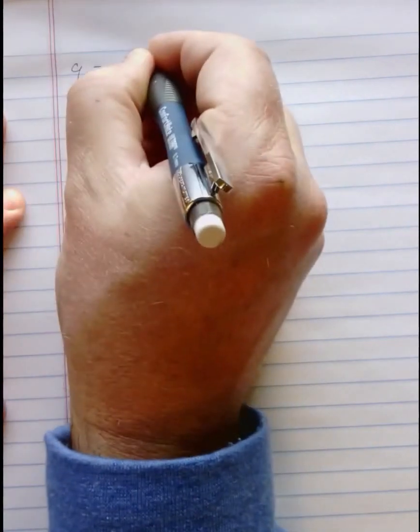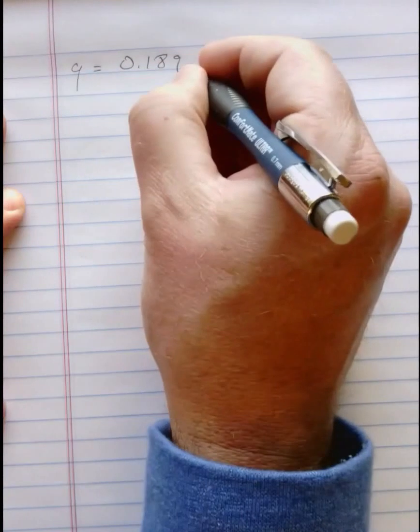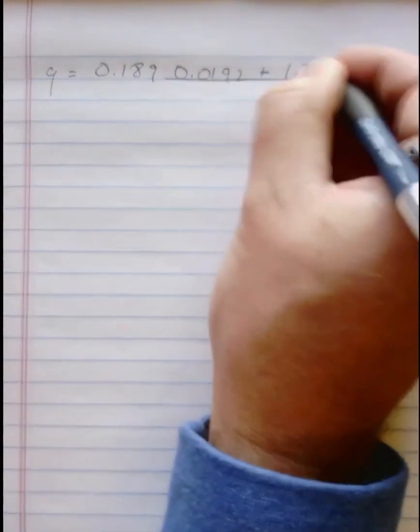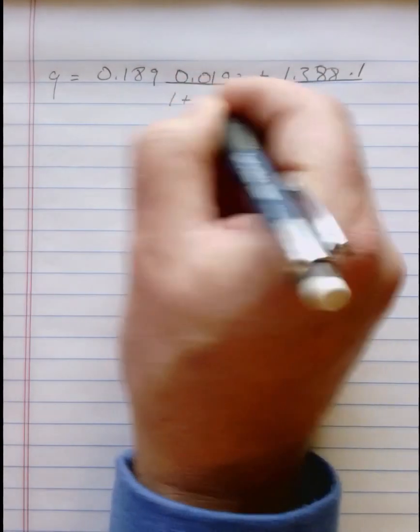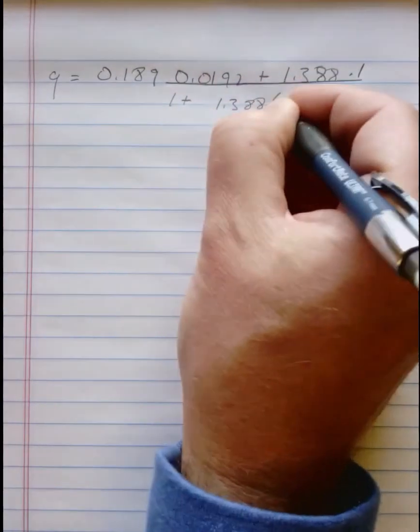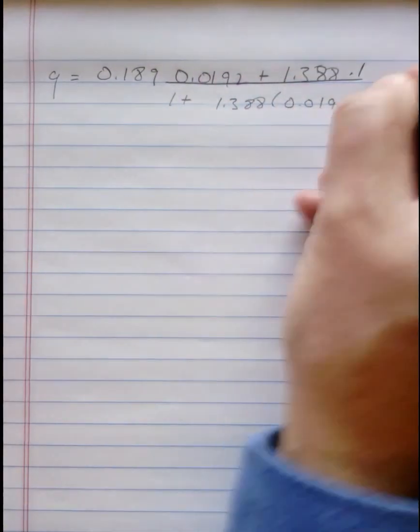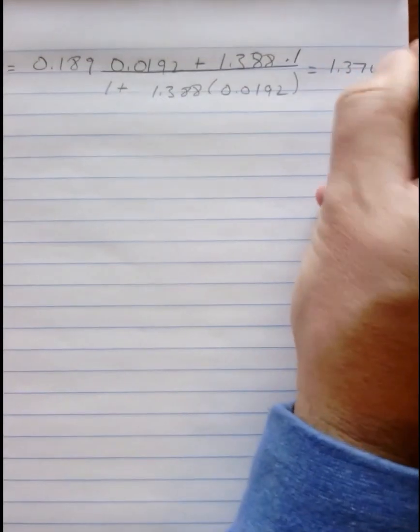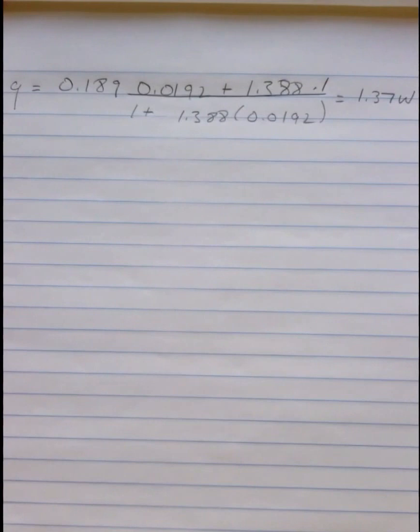So Q is equal to 0.189, which is capital M, times 0.0192 plus 1.388 times 1, all over 1 plus 1.388 times 0.0192, and that is all equal to 1.37 watts of heat that we're losing through our fin all the time, or at least when it's hot.